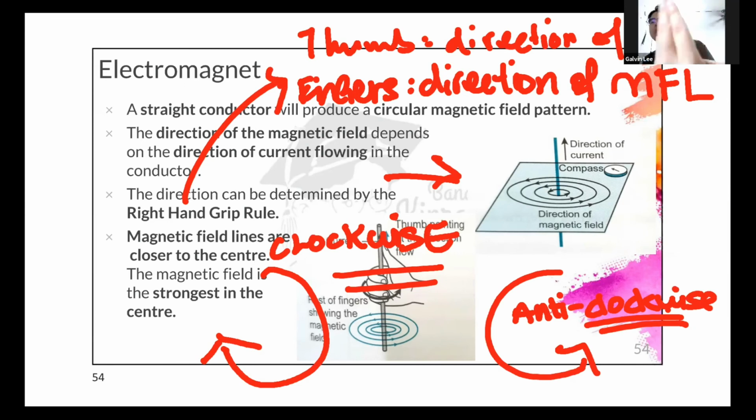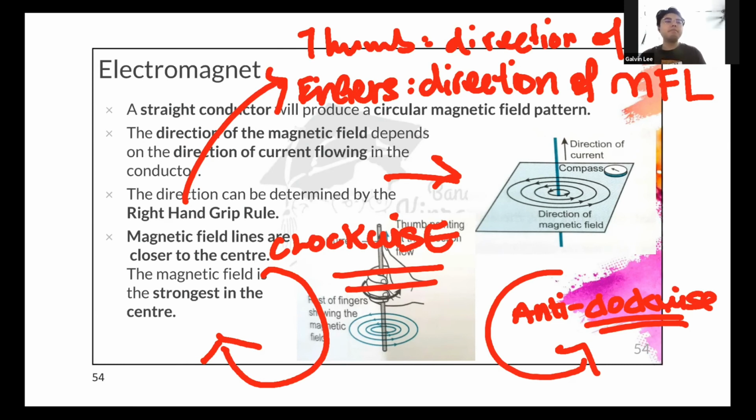The other four fingers tell you the direction of the magnetic field lines, either clockwise or anti-clockwise. They are always going to be in a circular shape. So now you know how to determine the direction of magnetic field lines.